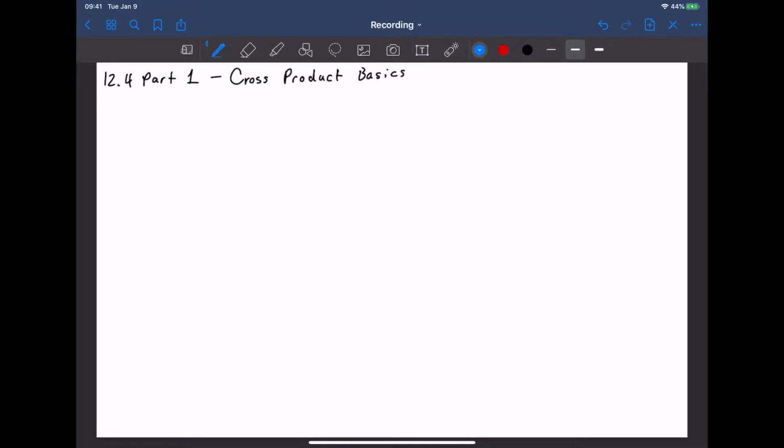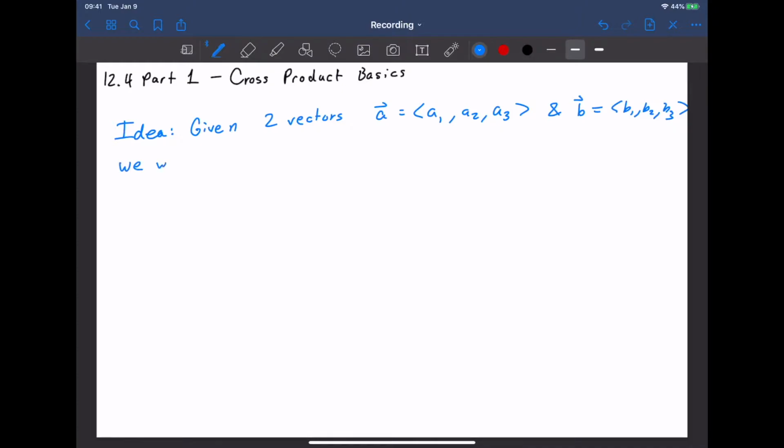The idea of the cross product is that given two vectors, A, which is going to be A1, A2, A3, which should already start ringing bells if you watched the last video, and B, B1, B2, B3, we want a vector that is perpendicular or orthogonal to both A and B.